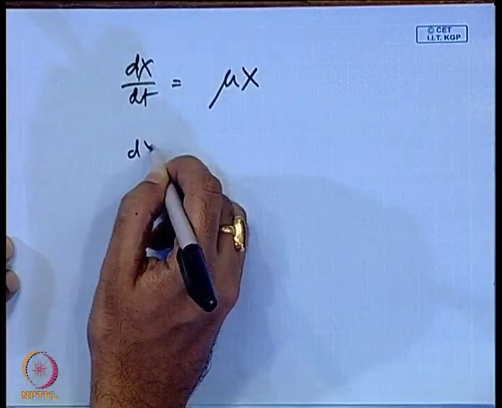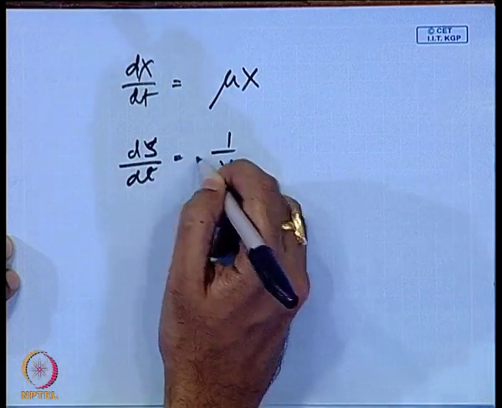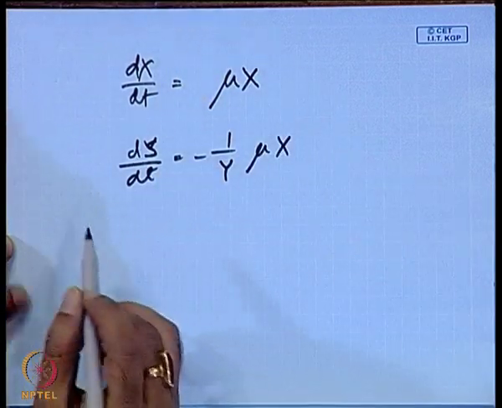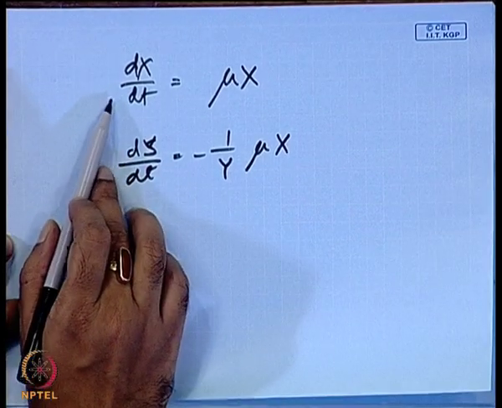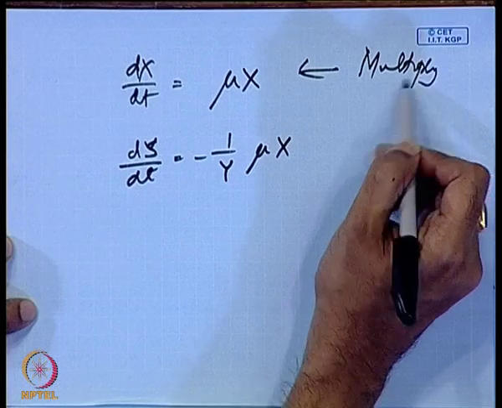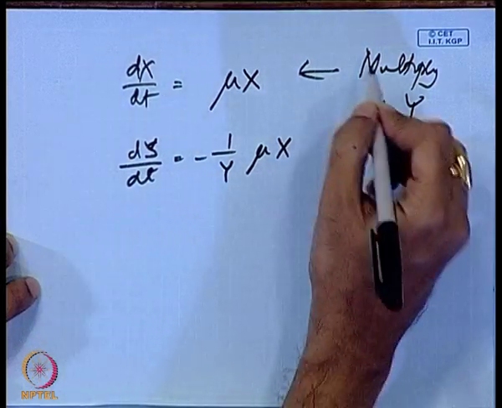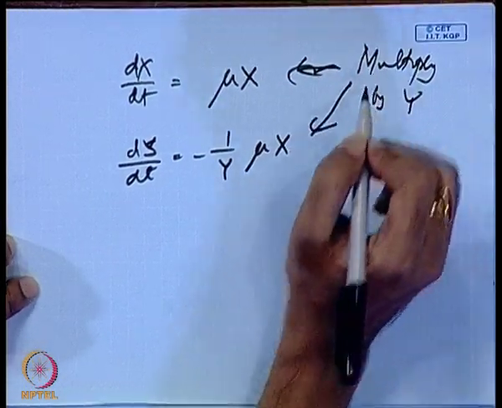So dx/dt equals mu x, ds/dt equals minus 1 over Y times mu x. What you do is multiply the first equation by Y, and then add. So multiply this equation by Y and then add.